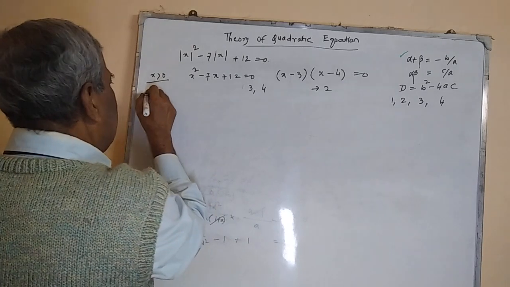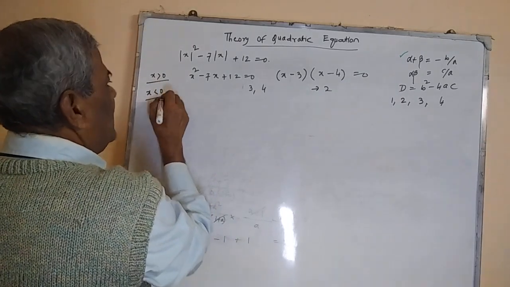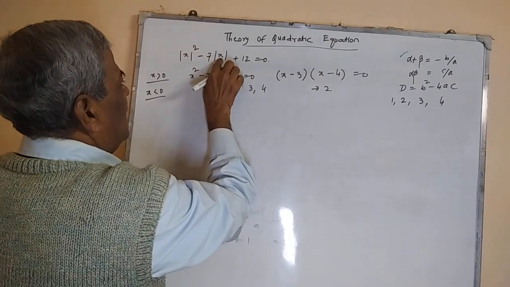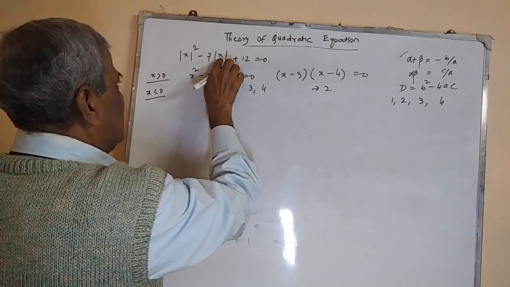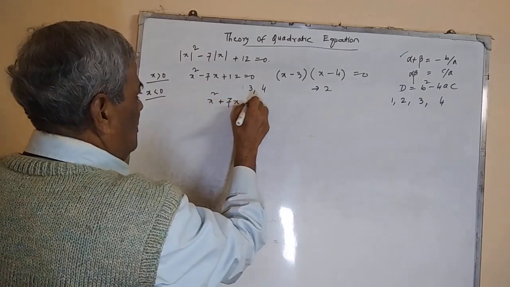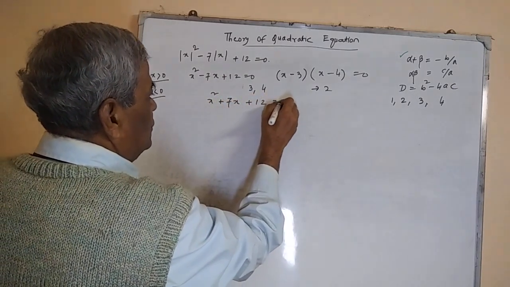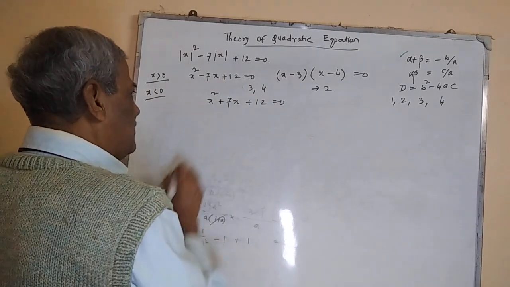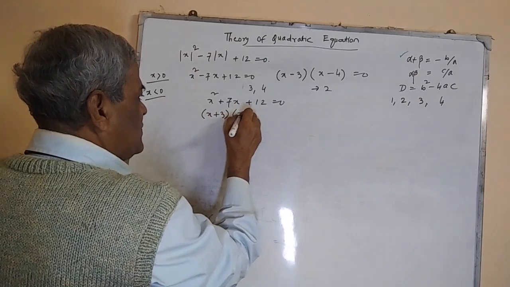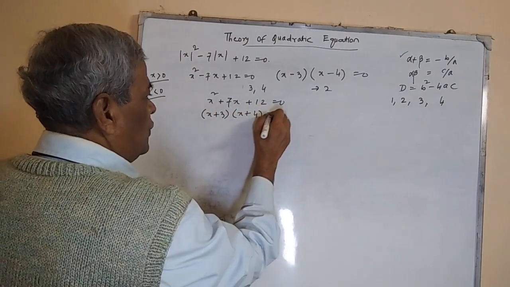Next, suppose that x is negative. Equation becomes x square, mod x in that case is minus x, so plus 7x plus 12 is equal to 0. Again factorize it. It is x plus 3 into x plus 4 is equal to 0.